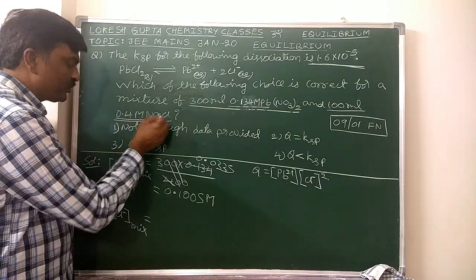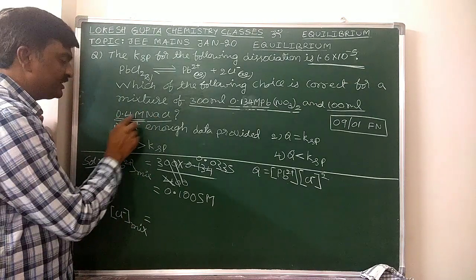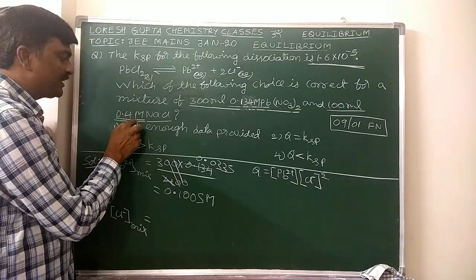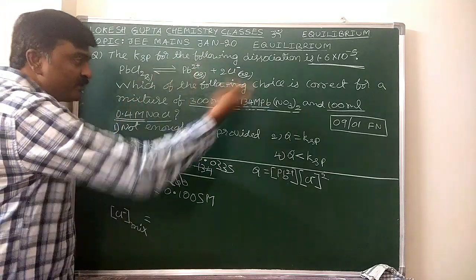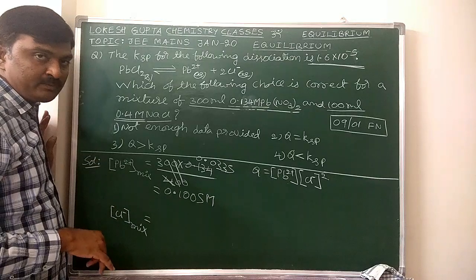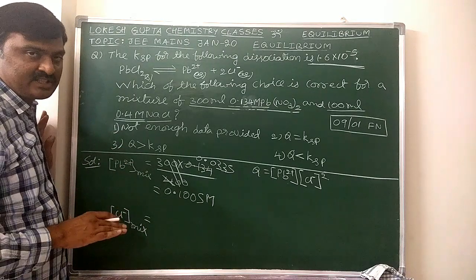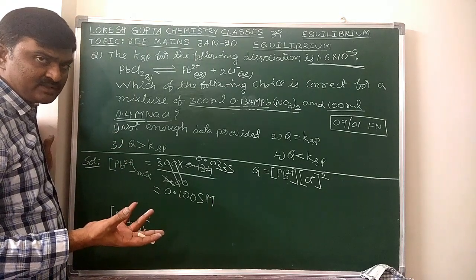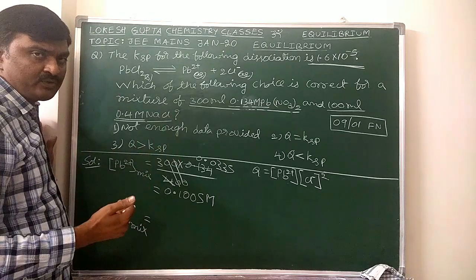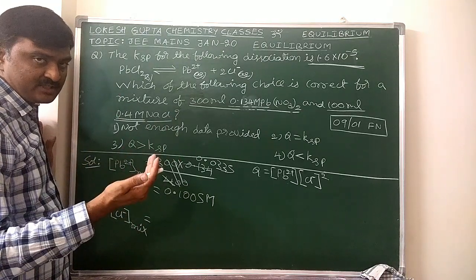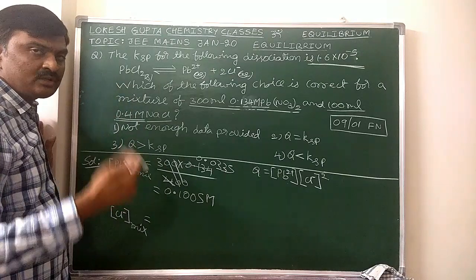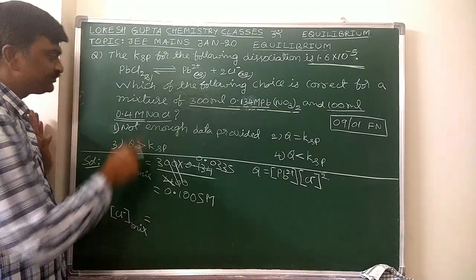Here 0.4 molar NaCl, in that the Cl- concentration is also 0.4 molar. But it is before the mixing. Now after mixing, what is the molarity of Cl-? The formula: number of millimoles of Cl- in the mixture by total volume of the mixture in milliliter.